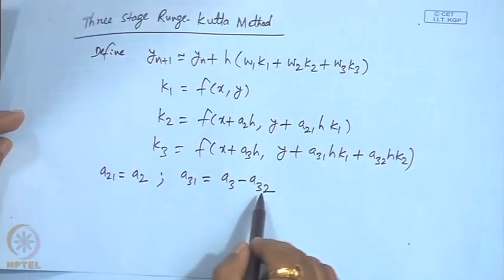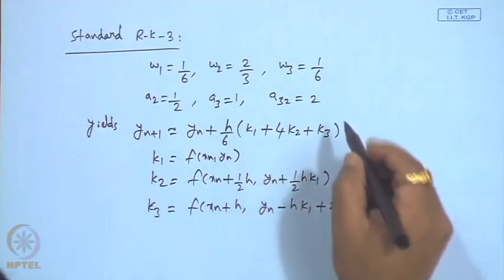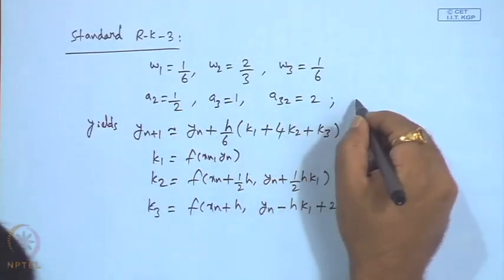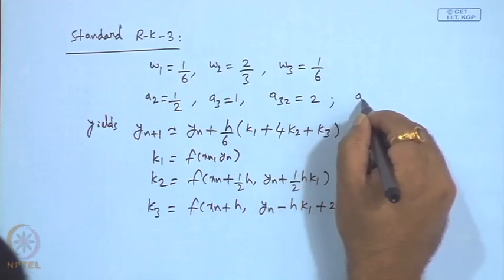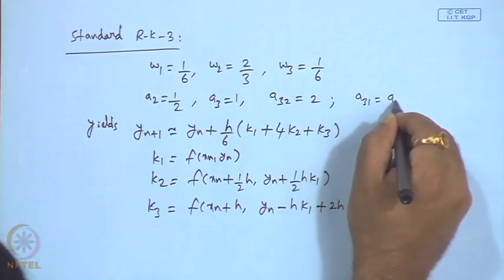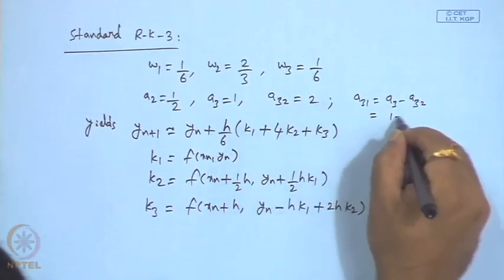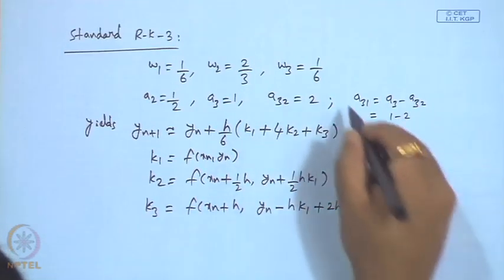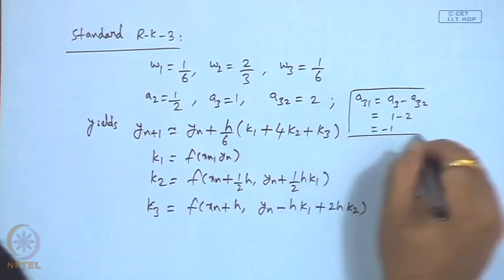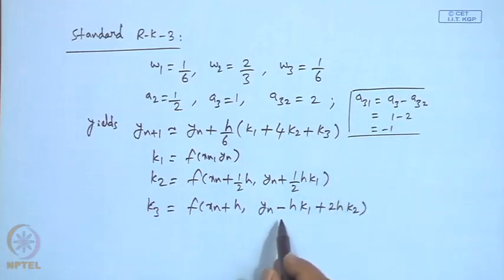Okay. So, looking at these values, A31 is A3 minus A32. So, this is 1 minus 2 which is minus 1. Therefore, we get a minus sign.